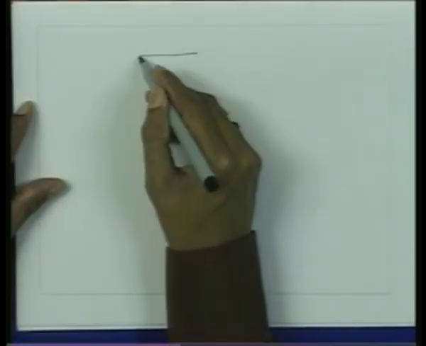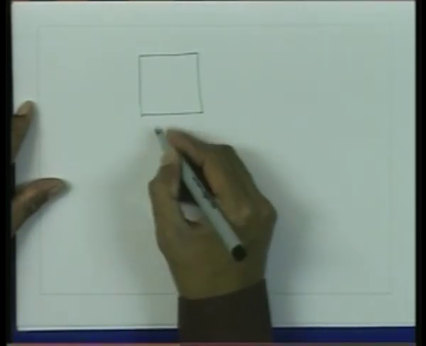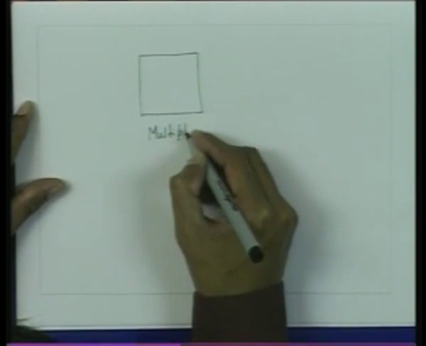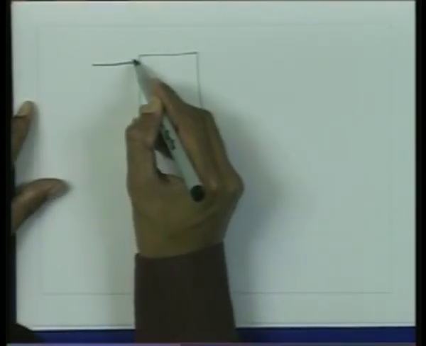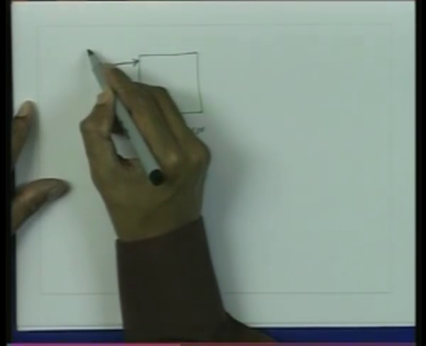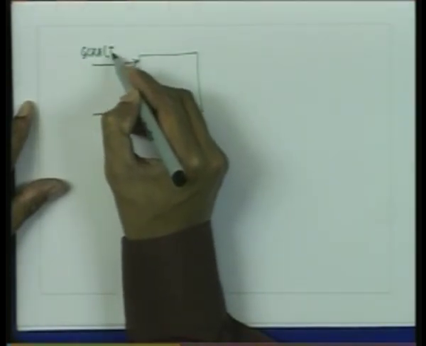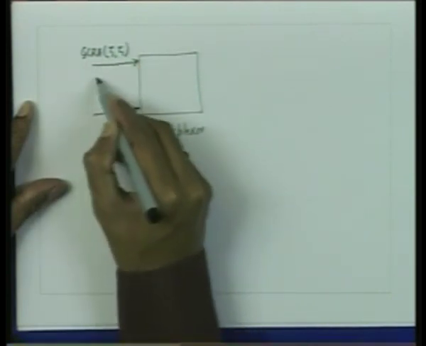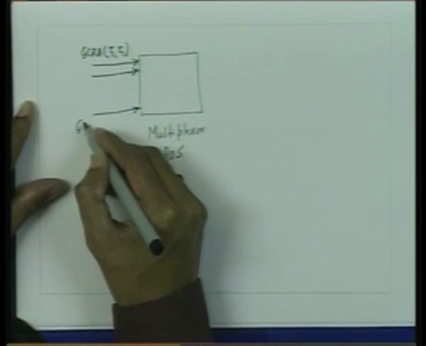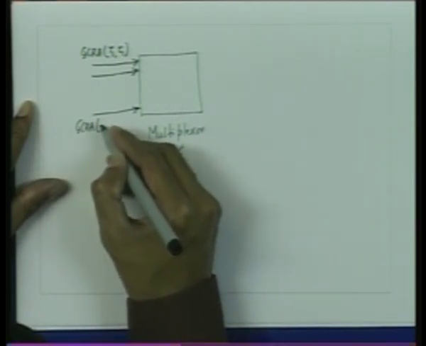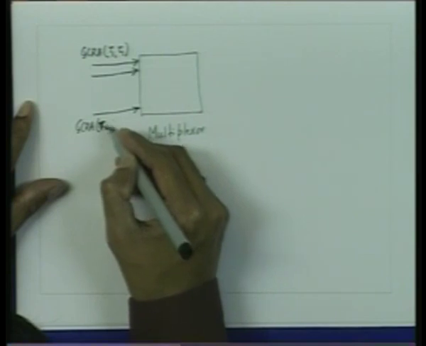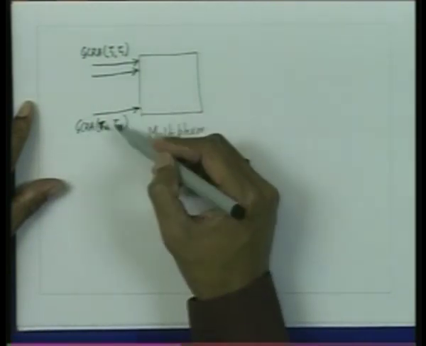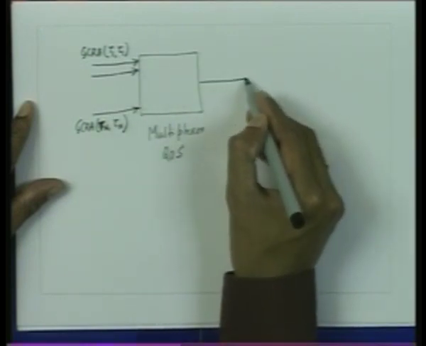Essentially we would be asking this question: here is a stat mux, a multiplexer, which wants to give quality of service guarantees, and we would be asking how many GCRA T tau traffic sources, let us say GCRA T1 tau 1 and GCRA T2 tau 2, and so on till GCRA Tn tau n, how many such sources can be admitted onto this output link.